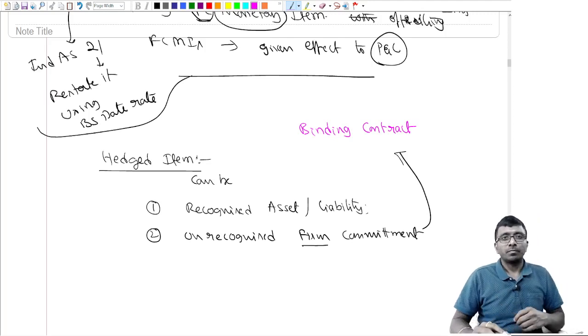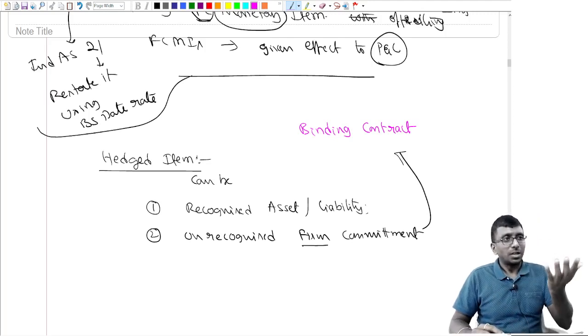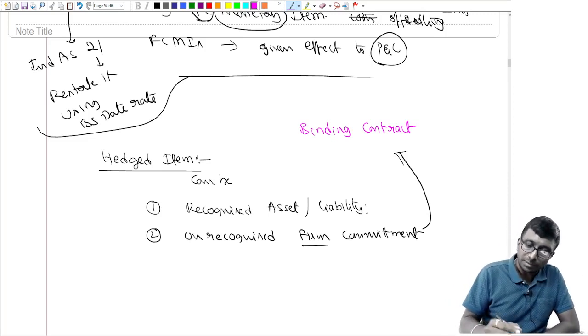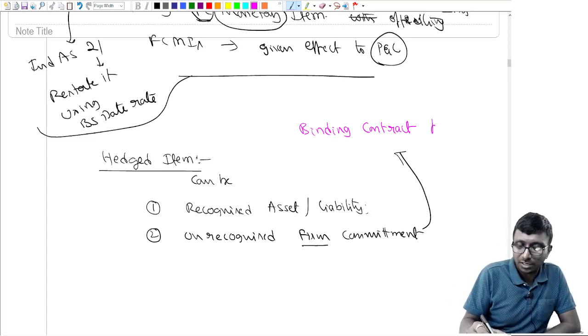It means I will sell you goods, or I will buy goods, or I will purchase a machine or some intangible asset, or I will sell something. That's all. It is a binding contract for exchanging resources.